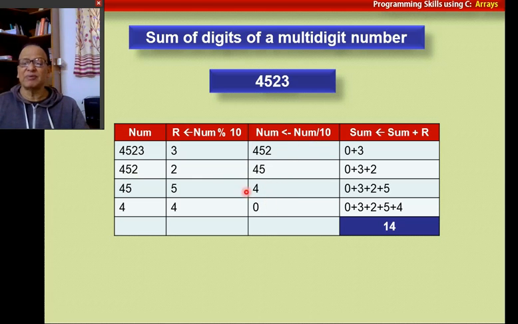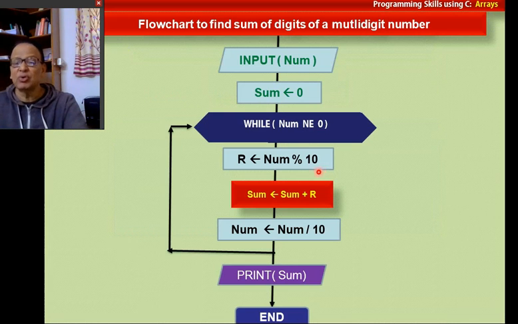Therefore, our algorithm will be: as long as the number is not equal to 0, I get the digit, add it to the previous sum, go on doing that, as I show you in this flow chart. So input number, initialize sum equal to 0, and your argument is: while number is not equal to 0, you get the digit (remainder), you add it to the previous sum, truncate the number, go on doing it.